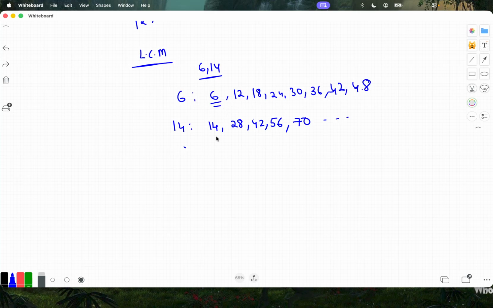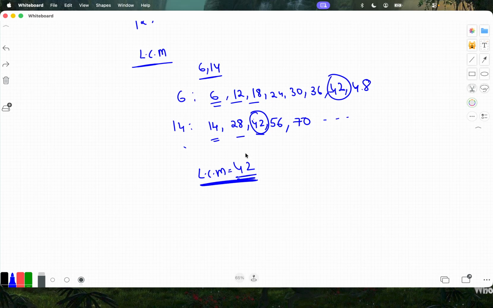Now 14 table: 14, 28, 42, 56, 70, and so on. 42 is here, 42 is here. This is the least common multiple of both. So LCM of 6 and 14 would be 42.